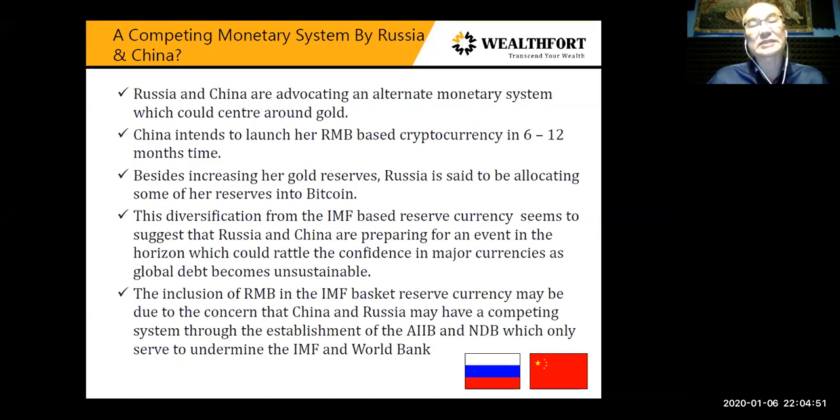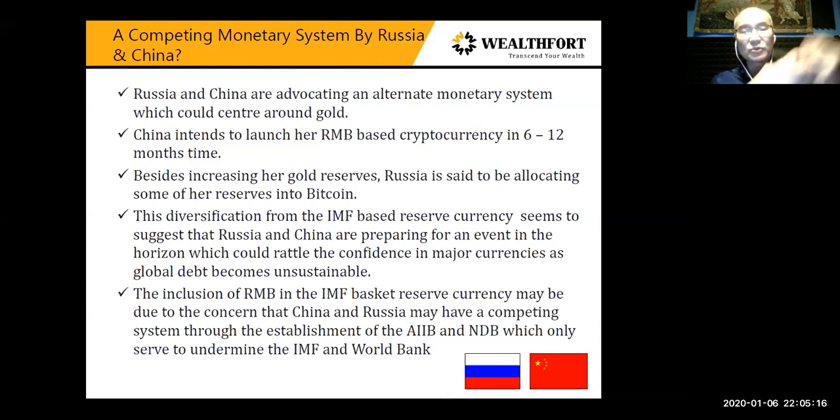becomes unsustainable. The inclusion of renminbi in the IMF basket of currencies may be due to the concern that China and Russia may have a competing system through the establishment of the AIIB and NDB, which only serve to undermine the IMF and World Bank. So I see it as the IMF saying, hey, you're coming out of the system and it's a threat to me.